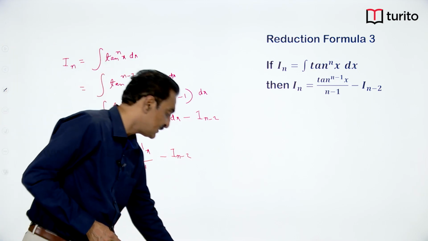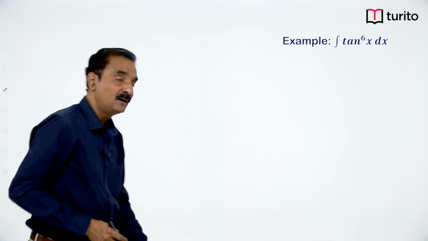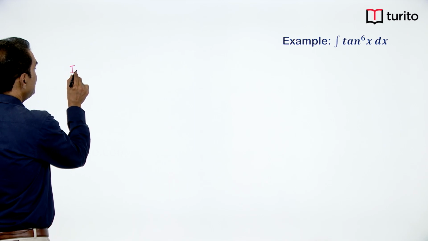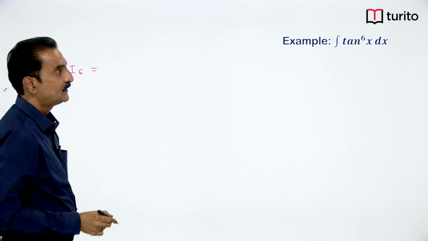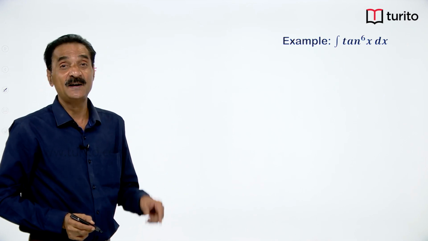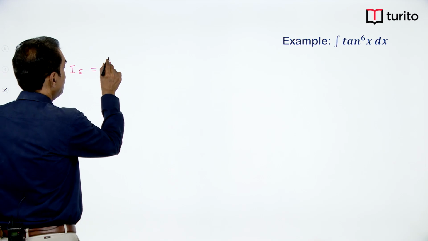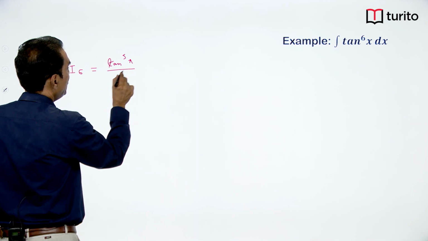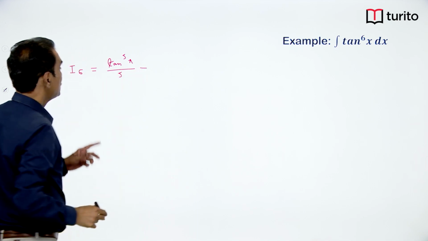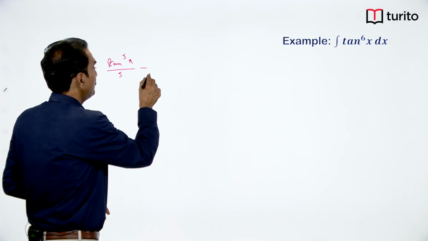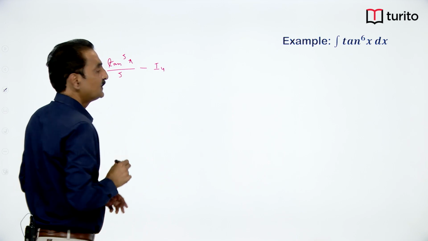Let us solve one question on this formula. Integral tan power 6x dx, that is I6. Apply the formula. What is the formula? Tan power n minus 1x by n minus 1, that is tan power 5x by 5 minus I n minus 2, that is 6 becomes 4.